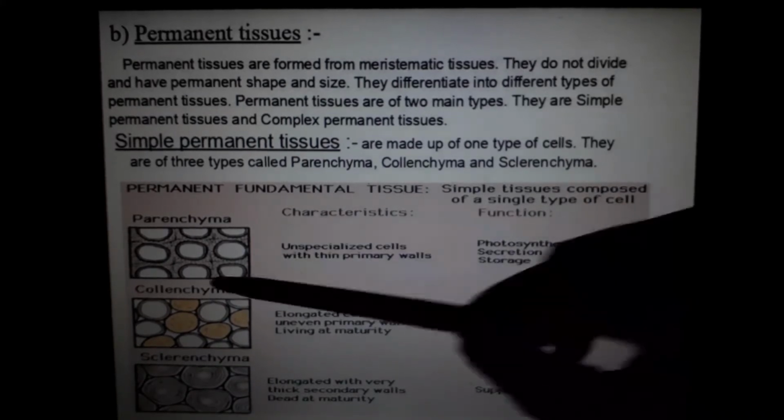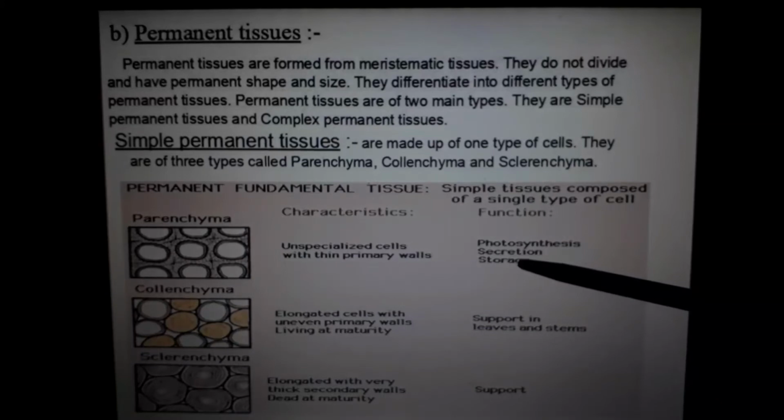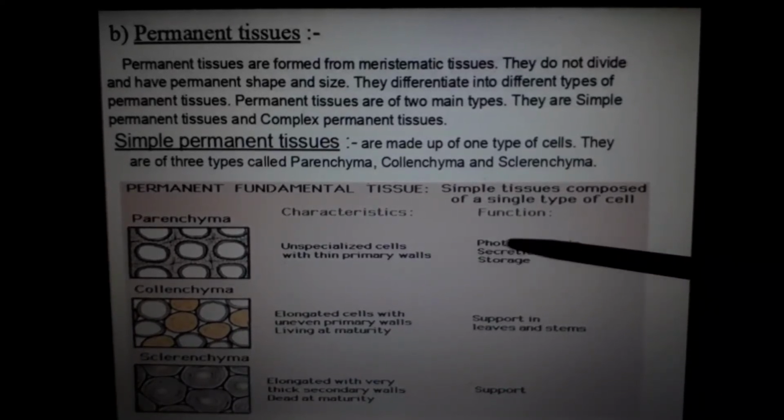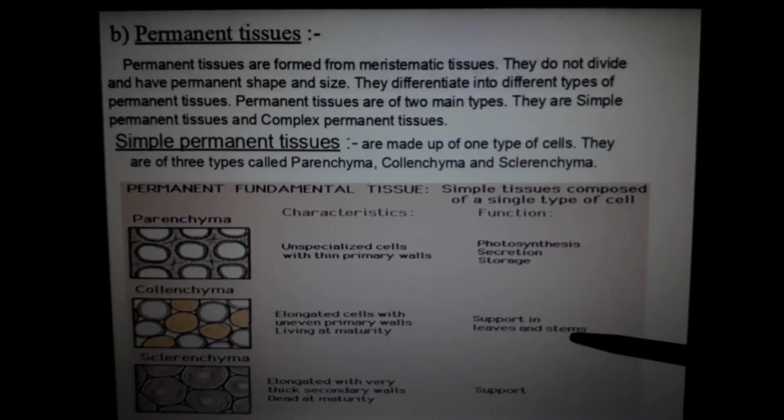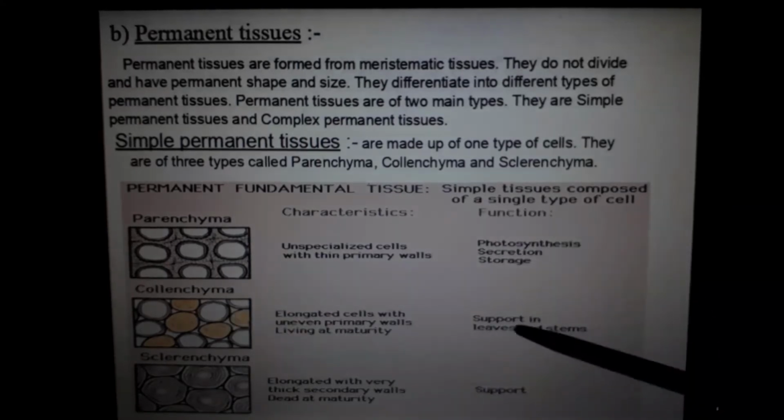The main function of parenchyma is to store food and water, produce secretion inside the plants, and help in photosynthesis because it has chloroplast present in it. Collenchyma supports the leaves and the stem. Mostly collenchyma tissues are present in leaves and stems to provide support.